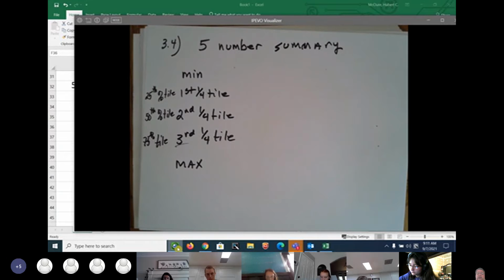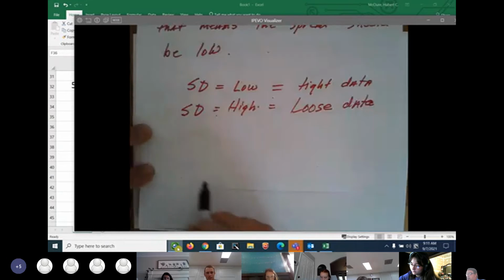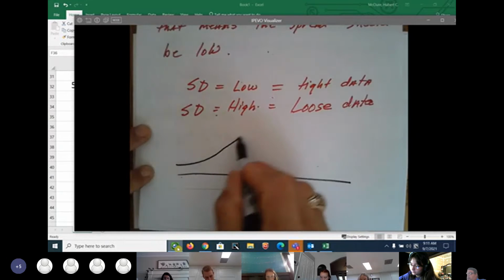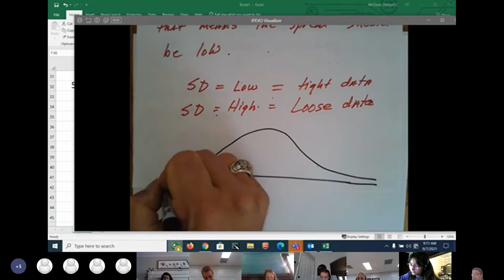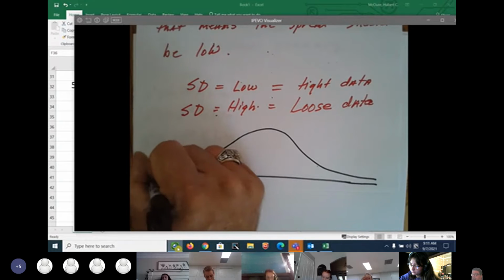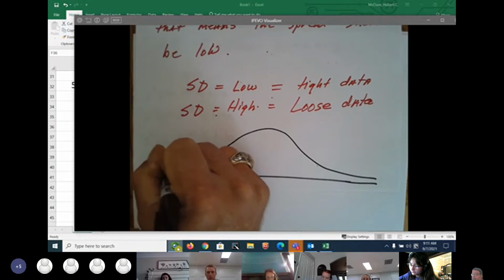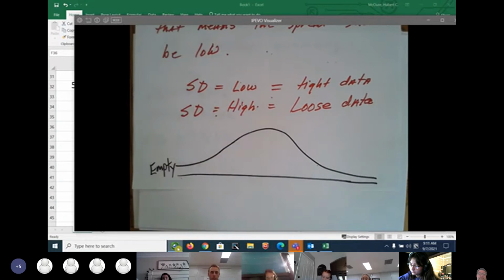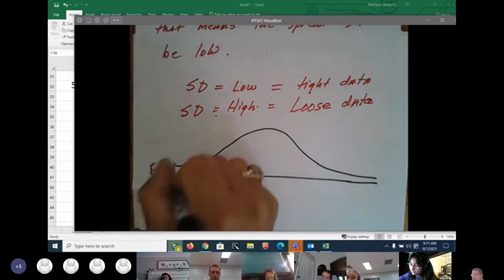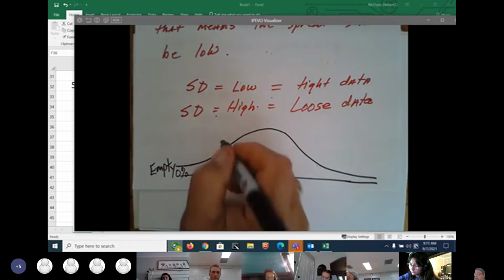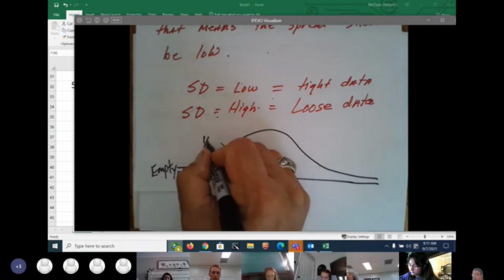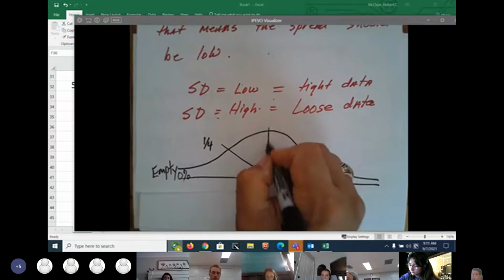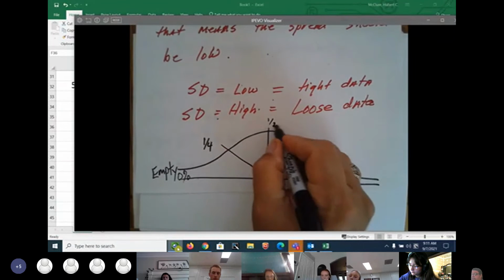Think of it like a fuel gauge. On the left, what does your fuel gauge say? Empty. 0%. And then this right here is a quarter of a tank. This right here, half a tank.